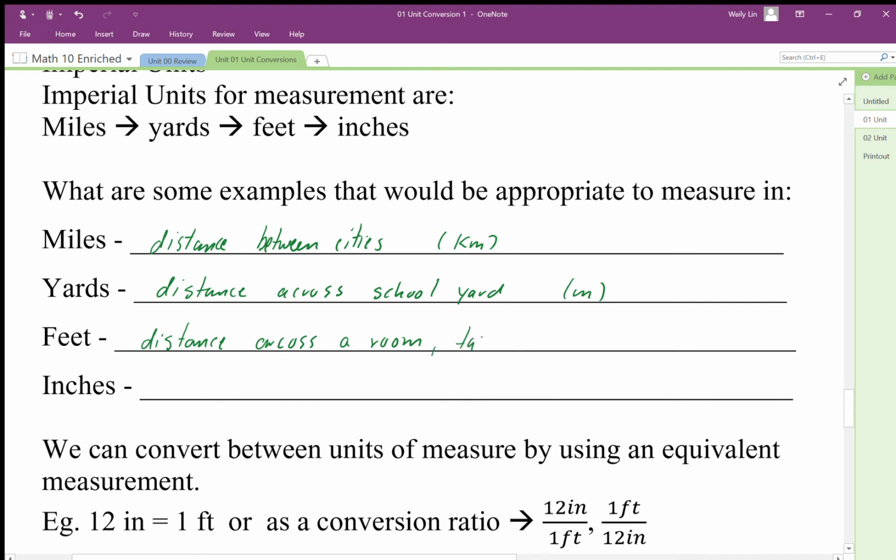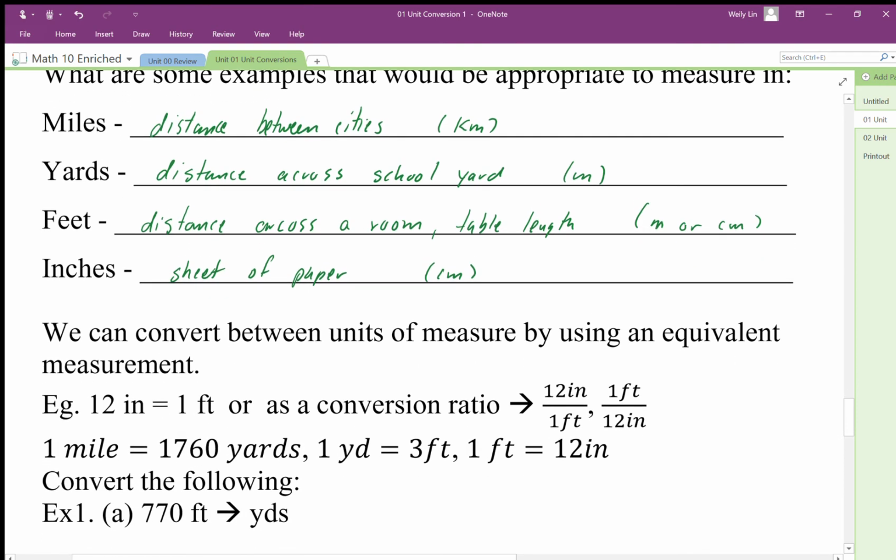With feet, our equivalent would be either meters or centimeters, depending on what we're measuring. Distance across the room would be meters, whereas table length we might want to measure in centimeters. Okay, so inches, things like a sheet of paper. We would measure in inches, and the equivalent would be centimeters in SI.